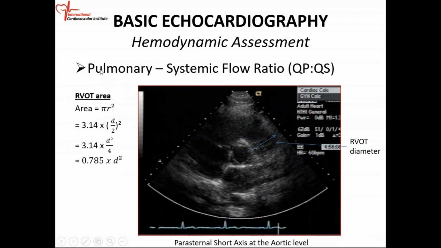What you're actually doing is getting the RV stroke volume, okay, the volume of blood that's pumped out from the right ventricle per beat.